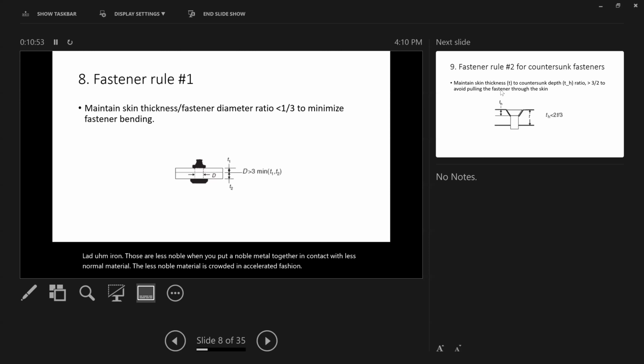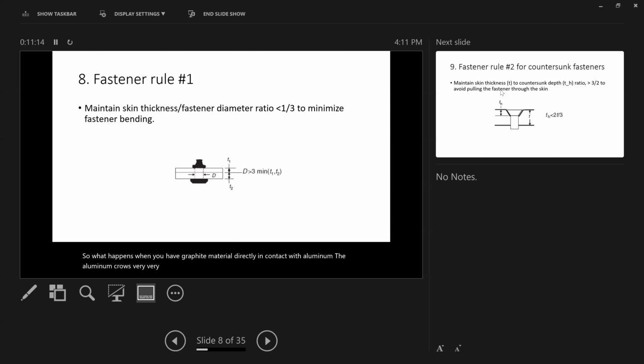It turns out graphite is a pretty noble material. I think on the noble scale in electrochemistry, it is higher than most metals. So when you have graphite directly in contact with aluminum, the aluminum corrodes very, very fast.